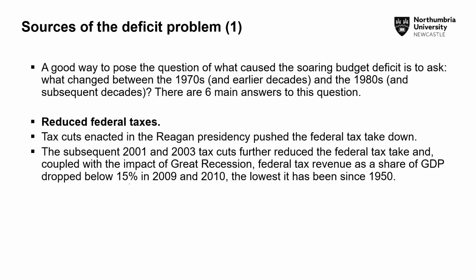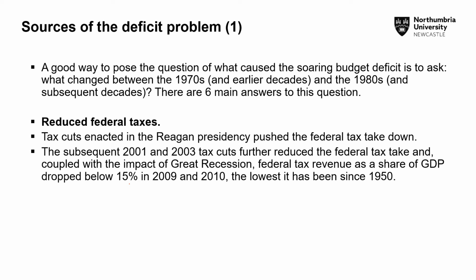So there were tax cuts that were enacted in the Reagan presidency, and these pushed the federal tax take down. In other words, federal tax revenues fell due to these cuts. Then in 2001 and 2003, there were tax cuts that further reduced the federal tax take.